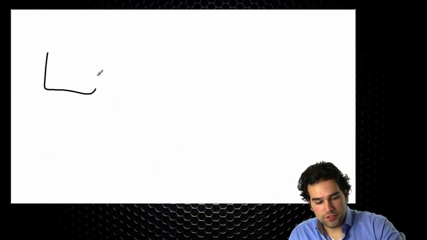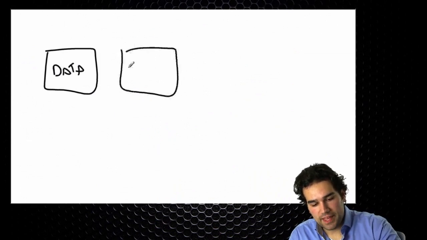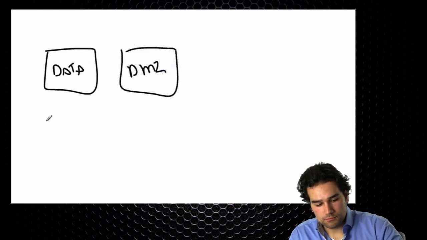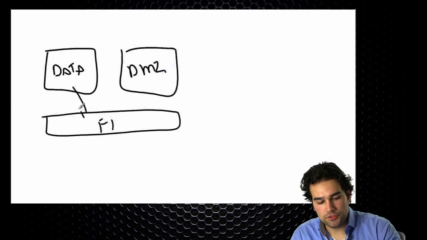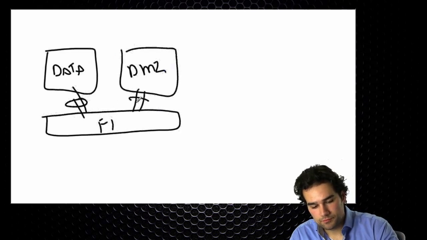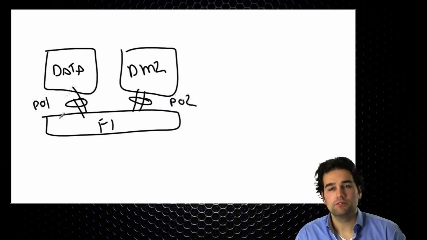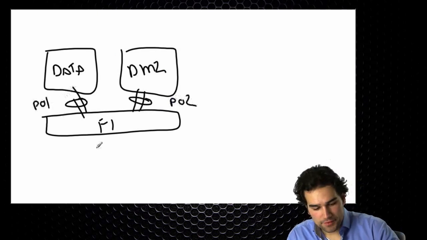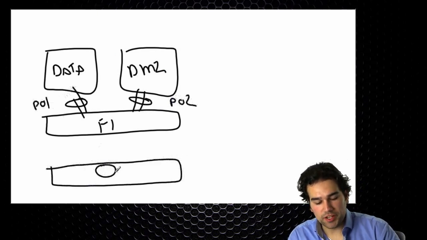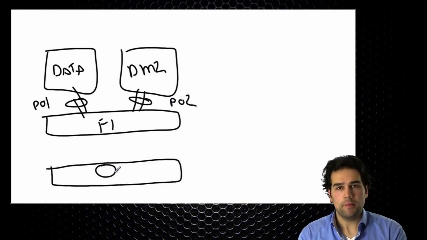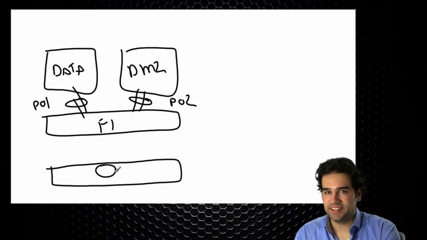So if I have my 2 uplinks, let's use that data network and a DMZ network, going to the same fabric interconnect, now with 2 port channels, port channel 2 and port channel 1, left and right. Then I have a blade that has a network interface card, a NIC. I'll come back to all the different possibilities in the NICs in just a few minutes.